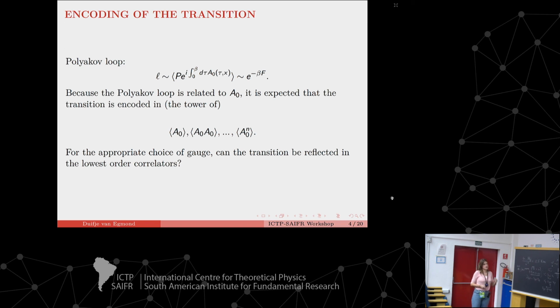In this way, yes. Is the A0 related to a Polyakov loop correlator or not? I don't think you can formulate it in that way. So it stops at the one-point function. I think this is the connection, yes, the one-point function.